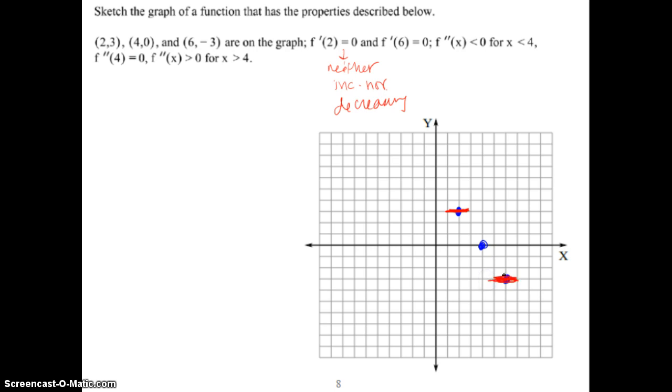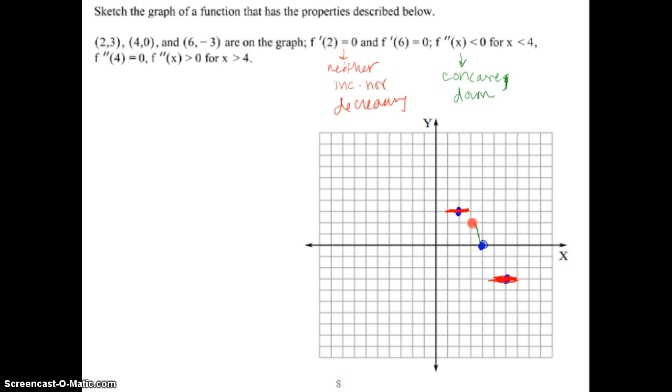Next thing we're going to find out is that f double prime of x is negative. So that's going to mean that it's concave down. And it's going to be concave down for x less than 4. So for all values of x less than 4, if we start at x equals 4, which is going to be this point, we have to draw a curve that's concave down.